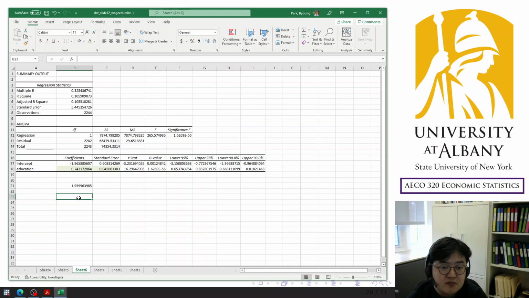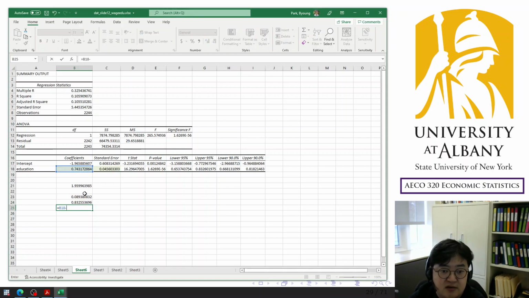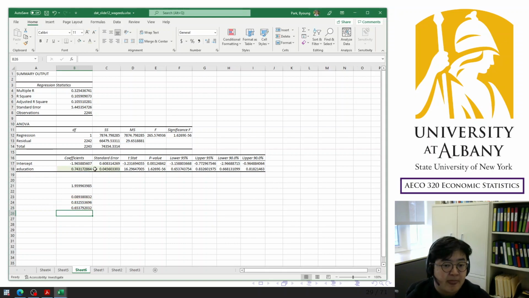Then first multiply this number by the standard error. That is the margin of error. The margin of error is added to and subtracted from the point estimator. Then these two are the confidence interval for 95%.